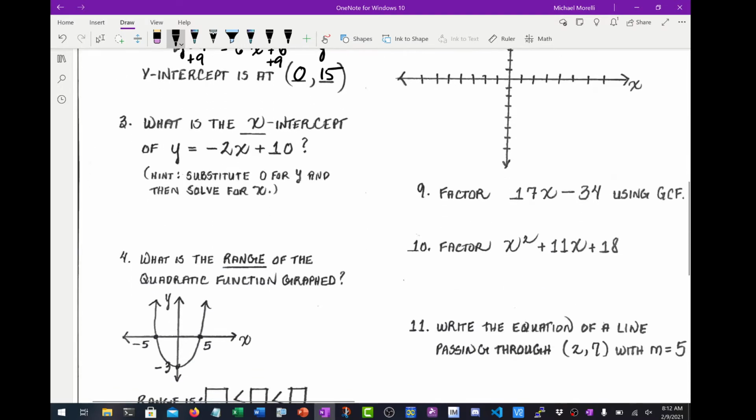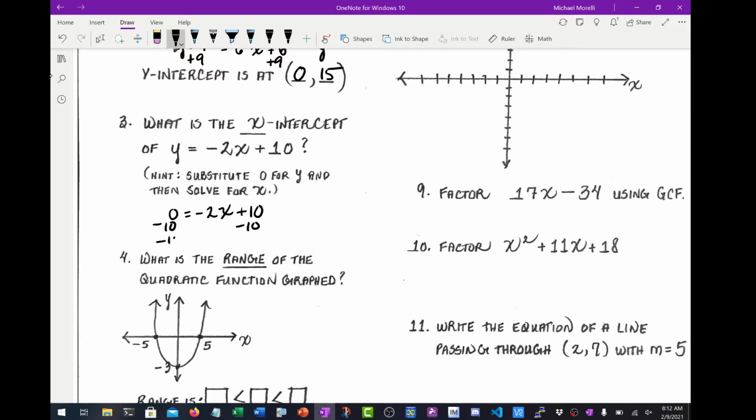Number 3. What is the x-intercept of the given equation in slope-intercept form? I've given you a hint: substitute 0 for y and solve for x. So let's do that. We'll write 0 equals -2x plus 10. Again, we're solving for x, and I'll just solve for x on the right side. I'll subtract 10 here.